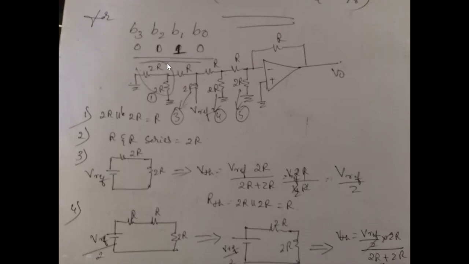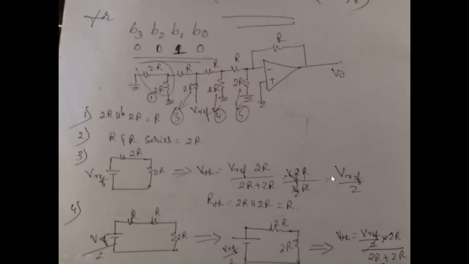This 2R is the result of this and this, and this 2R is this one. When you find the Thevenin equivalent network, you get V reference into 2R divided by the sum of these 2R.